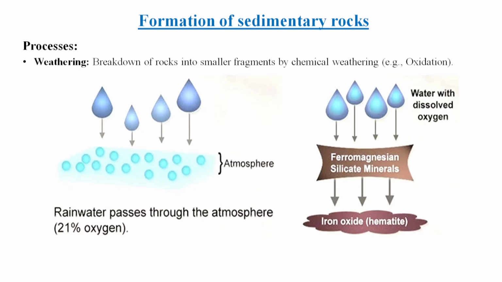These ferromagnesian silicate minerals will be subjected to the oxidation process. For example, you can derive a lot of iron oxide under the oxidation process, such as the formation of hematite.